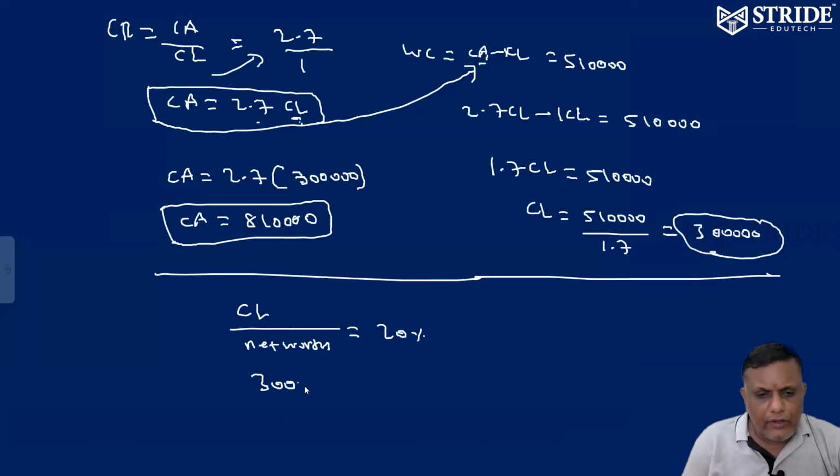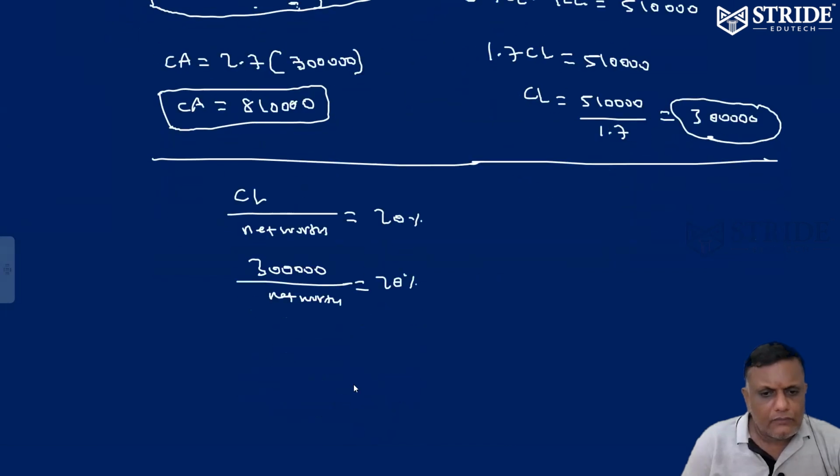Now current liability is going to be 3 lakhs, by net worth equal to 20%. So net worth is equivalent to 3 lakhs by 20%.